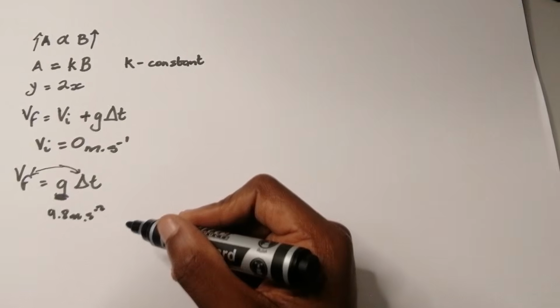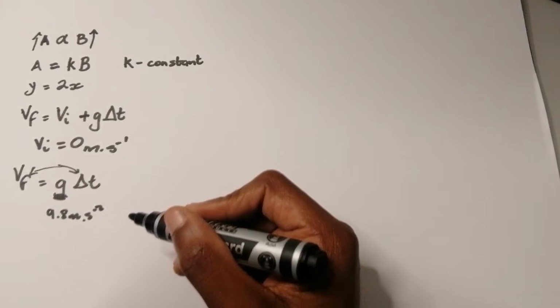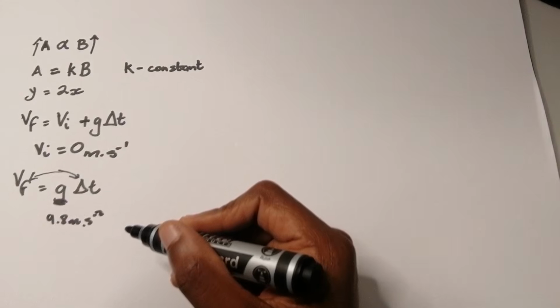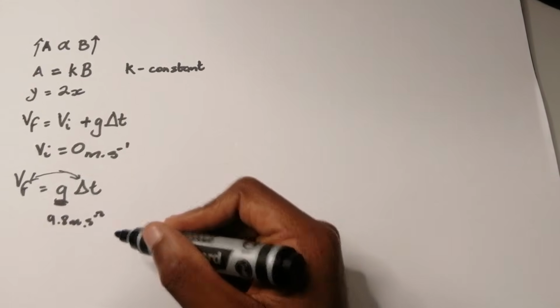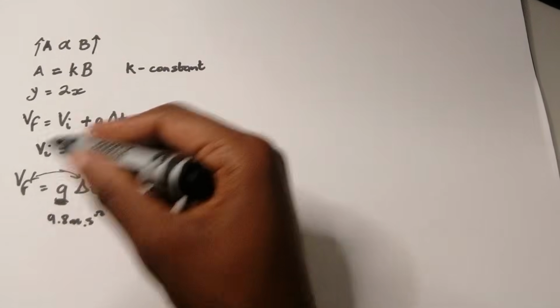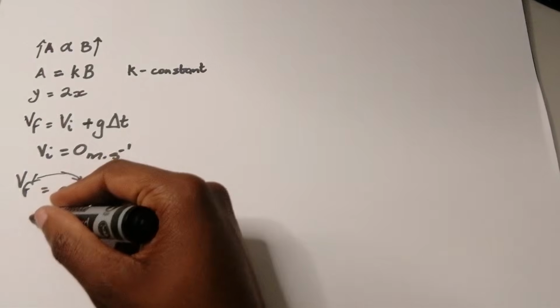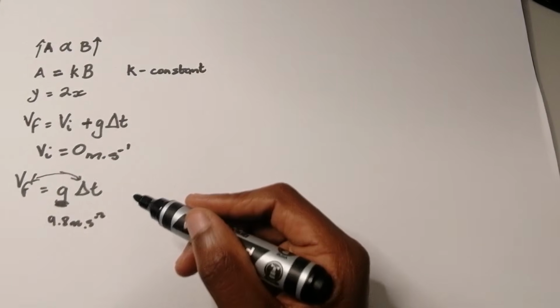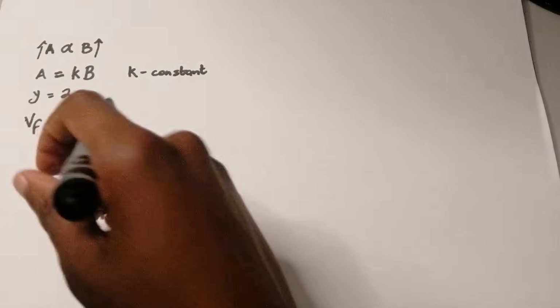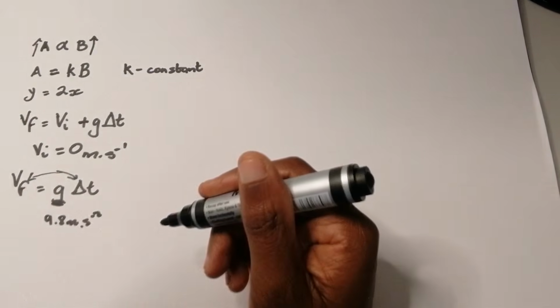Now, whether it is positive or negative depends on your choice of direction. If you took up as positive, that value will be negative. If you took down as positive, obviously that will be a positive 9.8 because gravitational acceleration always acts vertically downwards.